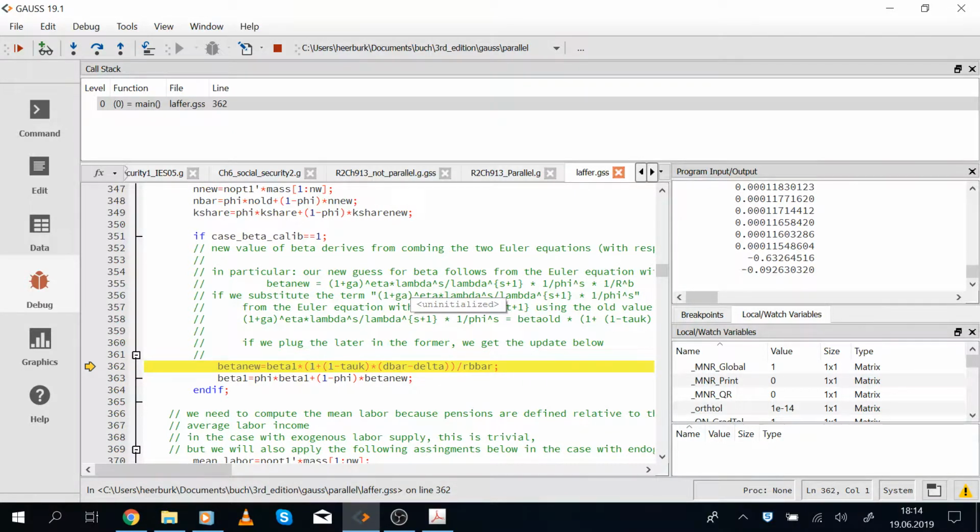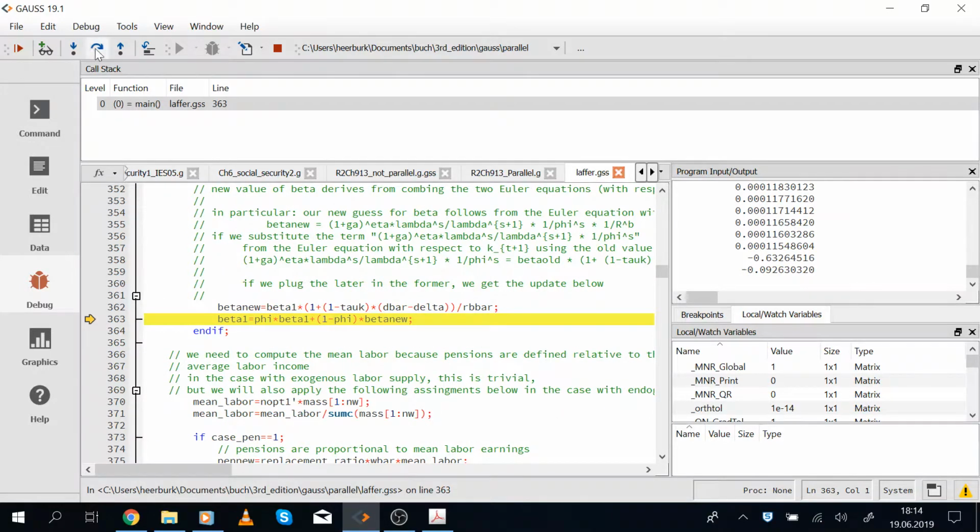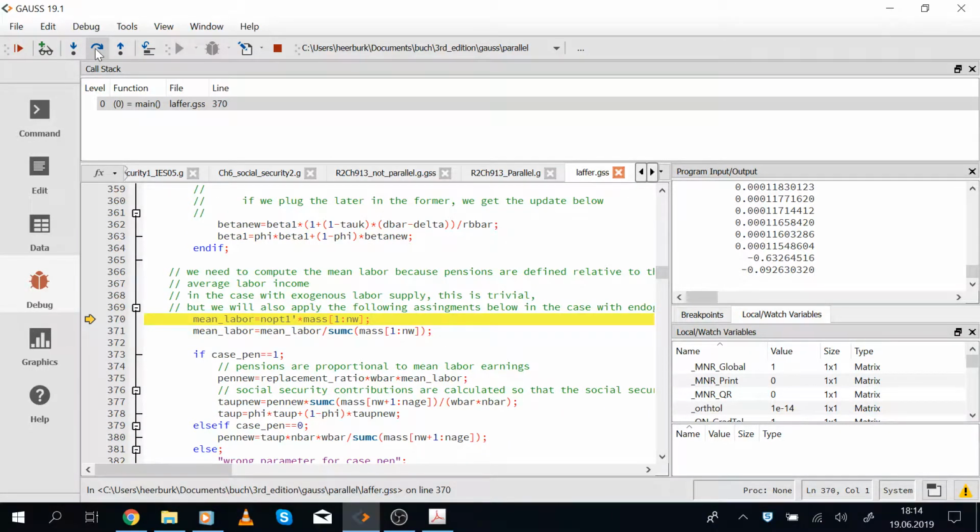We have an expression that relates our new value of beta to the old value of beta, and that's provided in line 362. So let's go through this. And finally, we compute the mean labor supply here.